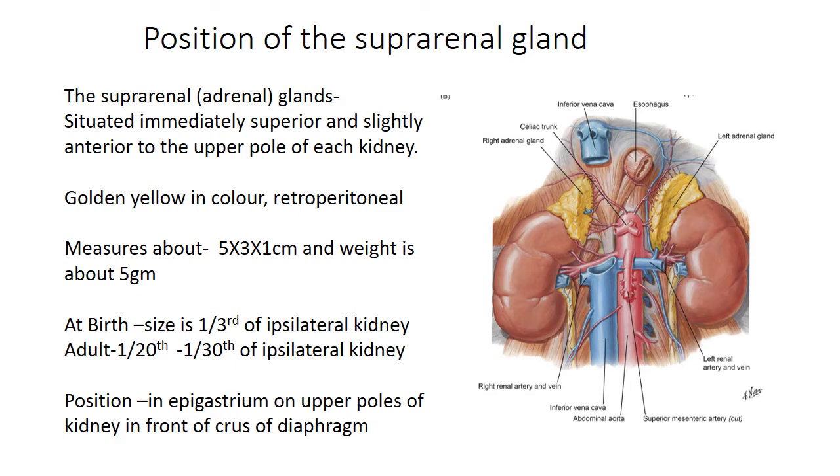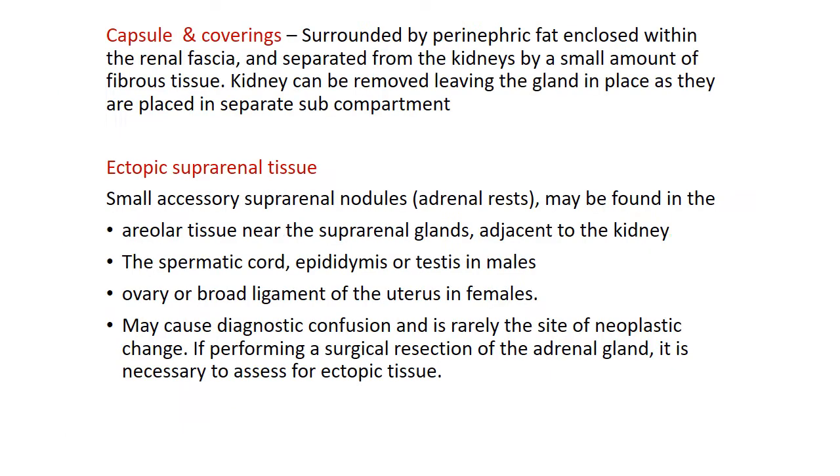These adrenals or suprarenal glands are placed in the epigastrium on the upper poles of the kidney, in front of the crus of the diaphragm. Now about the capsule and coverings of the suprarenal gland.